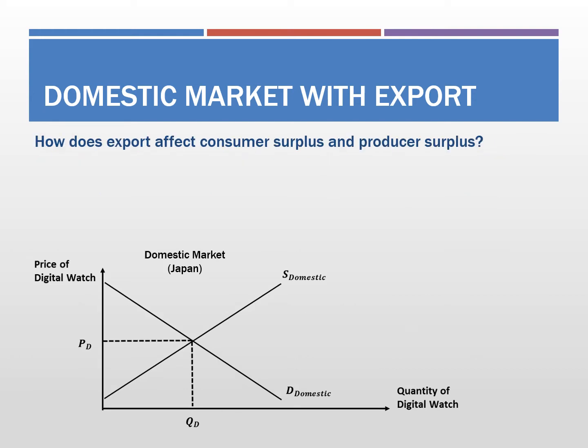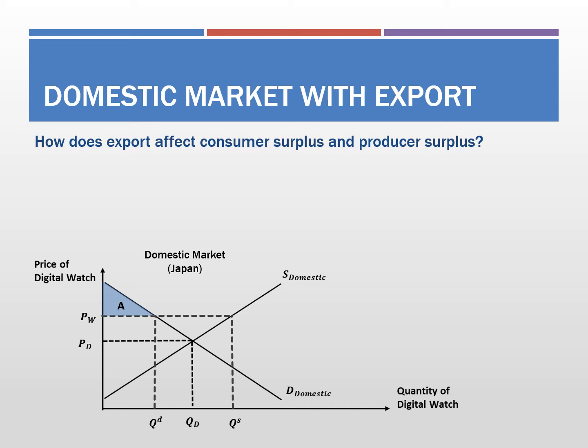Now, again, we would like to evaluate how this open economy, the world price of digital watches, will affect the welfare in Japan. Very similarly, we put the world price in a graph, and we think about how the consumer surplus will play out. In this case, the consumer surplus will only have the area of A, this little triangle up on the top.